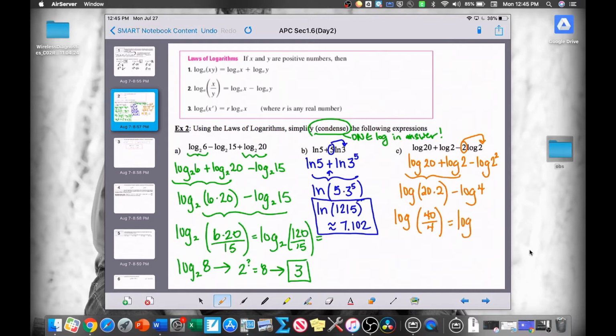But 40 divided by 4 is 10. So I have log of 10. This is log base 10 of 10. So 10 to what power is 10? Well, 1, right? So this simplifies to a value of 1.